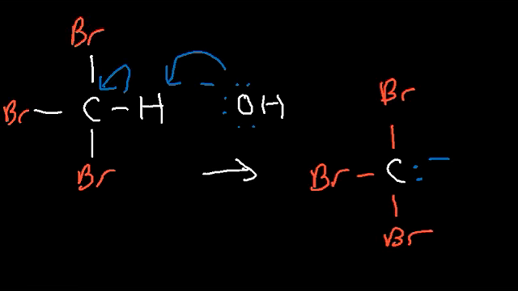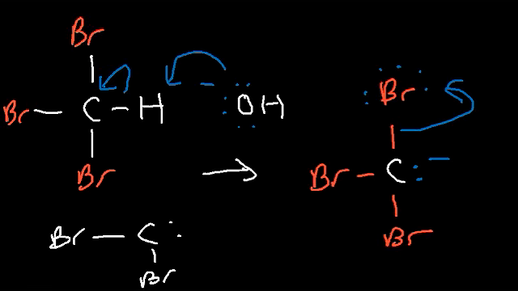Now it turns out that something interesting is going to happen. This carbanion, this carbon with a negative charge, is going to expel a bromine atom. And it happens spontaneously. And so you get what is known as a carbene. Notice that carbon doesn't have a negative charge anymore.